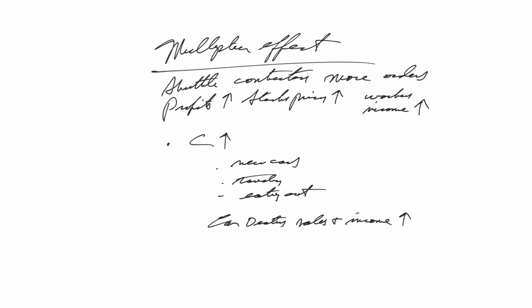And then they go out and eat out, travel, and buy more stuff. And then it keeps on going. That spending is received as income and is then spent. And then that spending is received as income and part of that is spent. So you can see where we're going with this. This goes round after round after round.